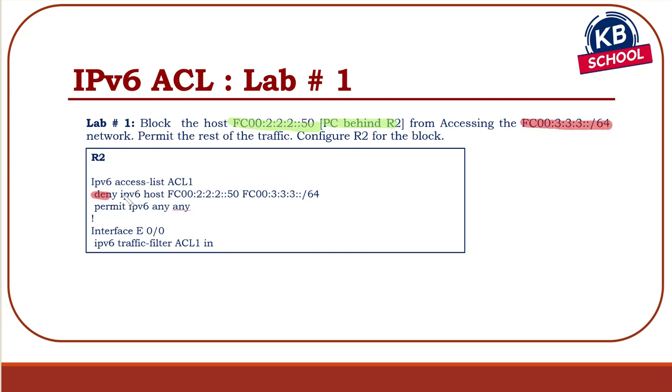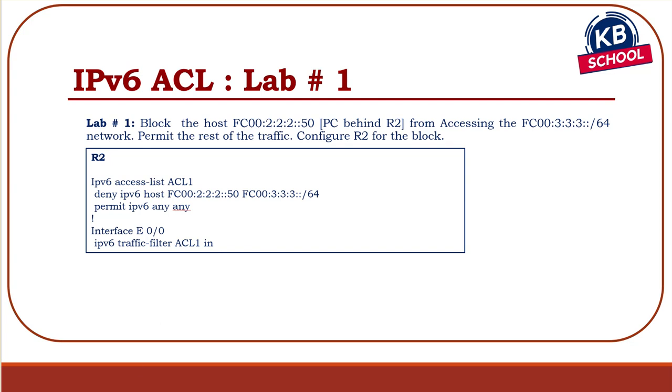So deny IPv6, that means any protocol, source of FC00:2:2:2:50 should not be able to go to any device on this particular network. Permit the rest of the traffic. Apply it to the interface by using the traffic filter command over here. ACL1 is the name. You don't specify any number for it. So let's go ahead and take a look at this real quick over here.